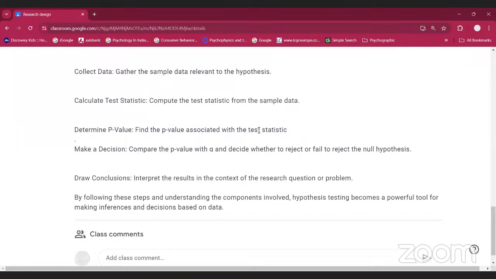You are asked to examine the effect of one anti-anxiety drug for stress reduction. Then what will be your research design?